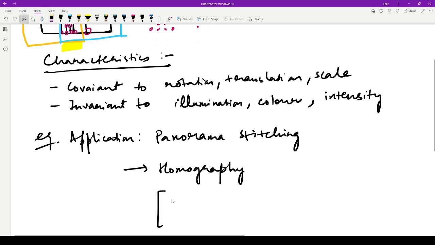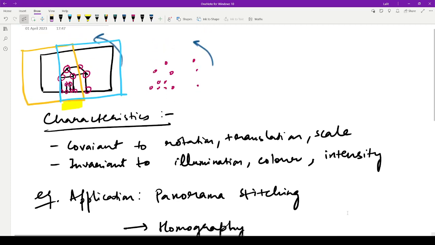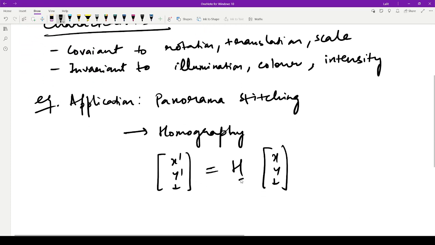So if we have points on the first image plane as x, y, 1 in the homogeneous coordinates, and in the second image plane as x prime, y prime, 1 in the homogeneous coordinates of the second image plane, they can be related by a homography under some conditions. So this is a 3 cross 3 matrix.